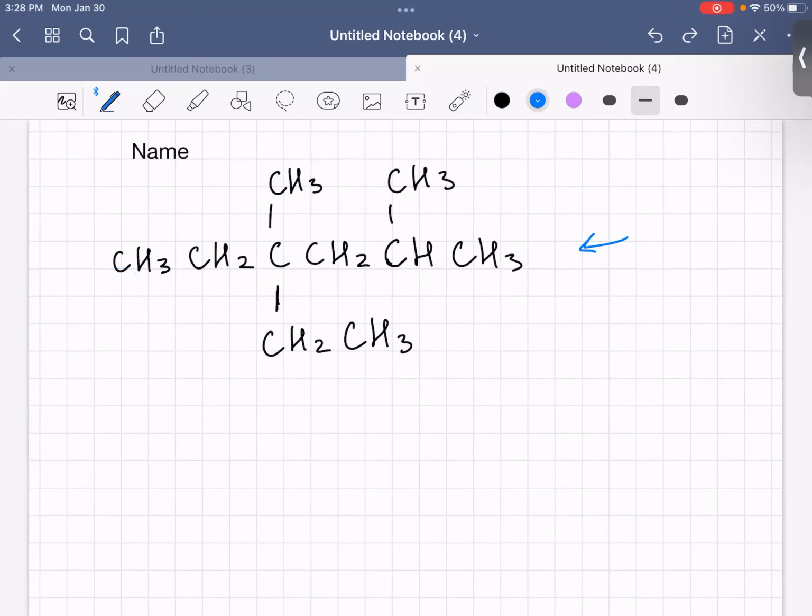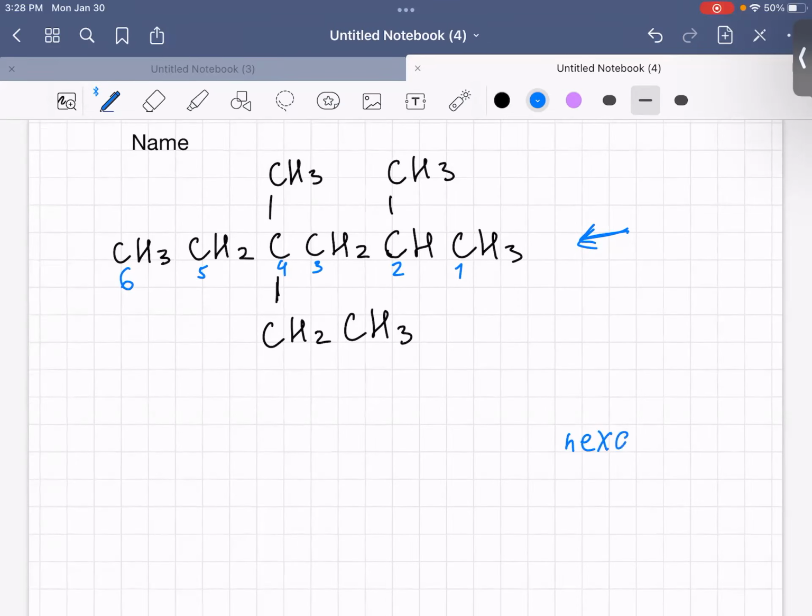But if we go from this side, we have 1 carbon, 2nd carbon, we have a functional group. So we're going to start numbering from the side that has more functional groups. So 1, 2, 3, 4, 5, 6. So straight away we know it's a hexane.